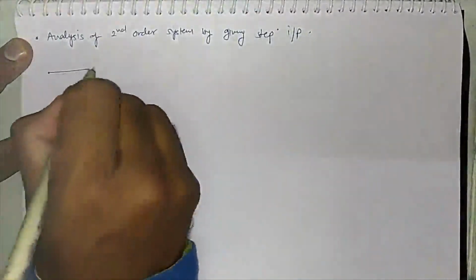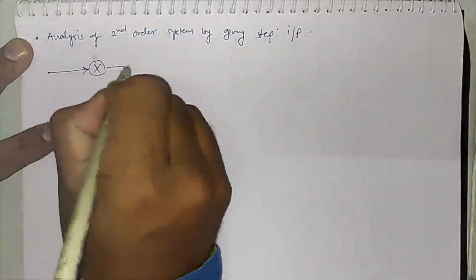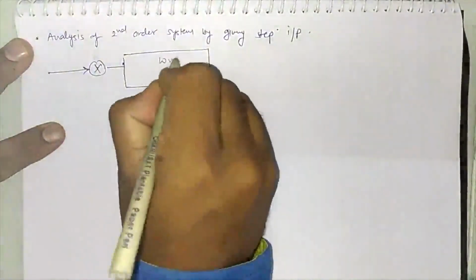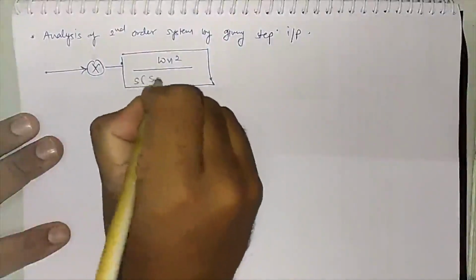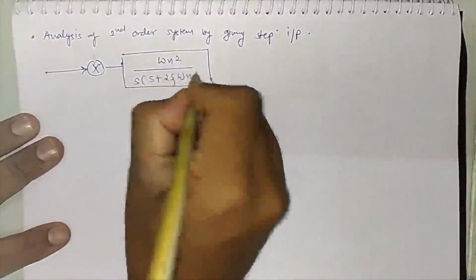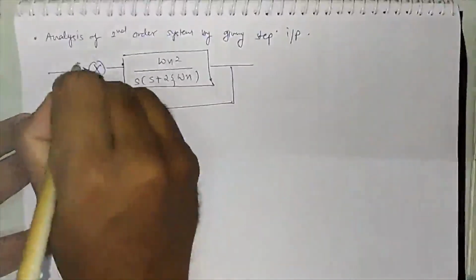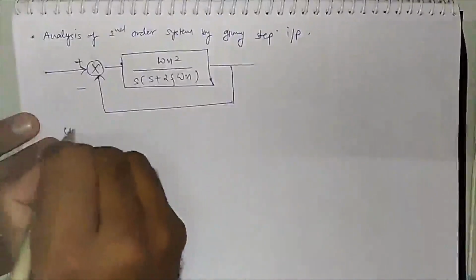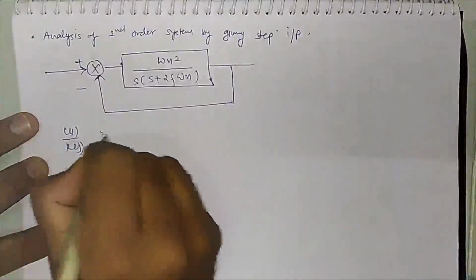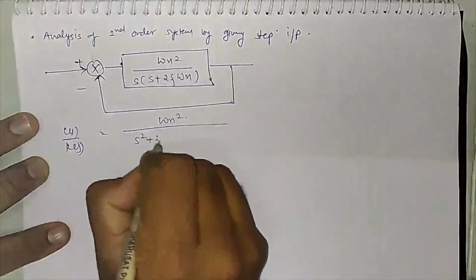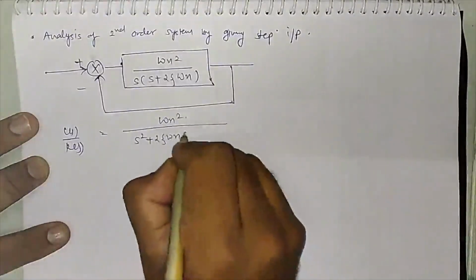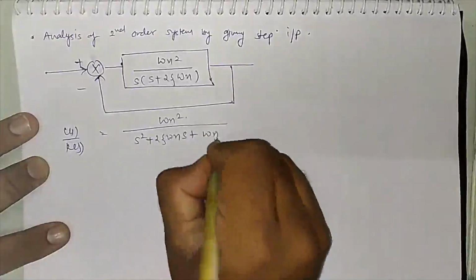Suppose I am taking one system in which your G(s) is equal to omega n square upon s into s plus 2 zeta omega n, with a negative feedback. So if I am finding C(s) upon R(s), it will be like this: omega n square upon s square plus 2 zeta omega n s plus omega n square.